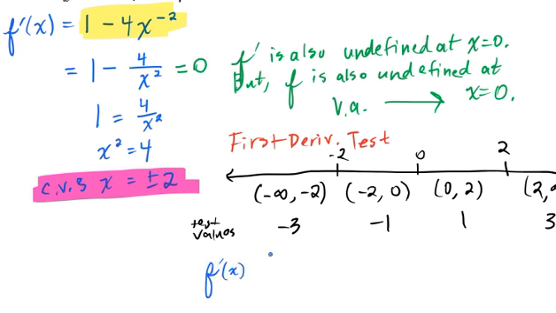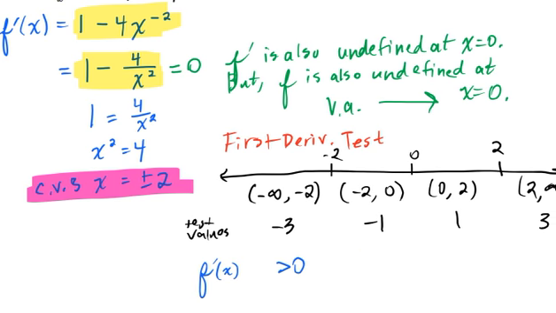So f prime of my critical value. And actually, it will be easier to plug in to that version of the derivative, 1 minus 4 over x squared. And all I need to see is if the derivative is positive or negative at each of these 4 x values. So when x is negative 3, we square negative 3, we get 9. 1 minus 4 ninths is positive because that's 9 ninths minus 4 ninths, which is greater than 0.